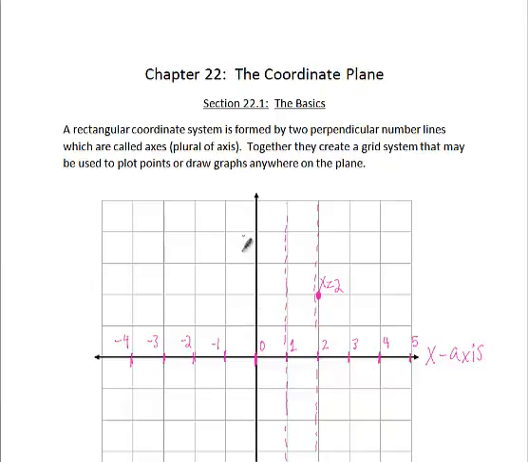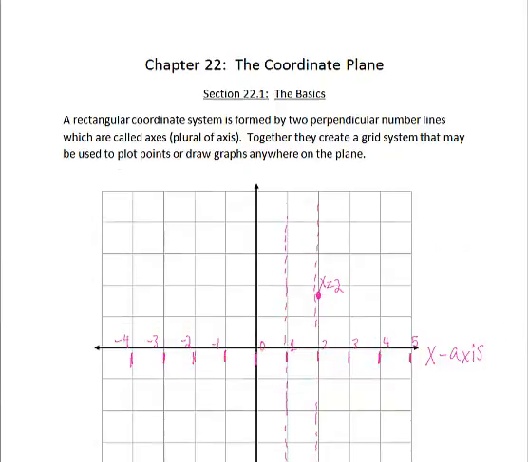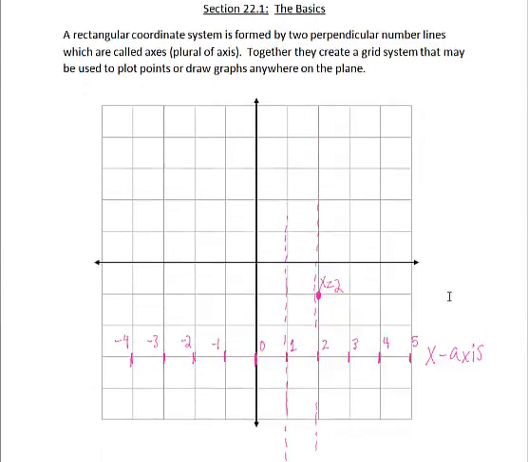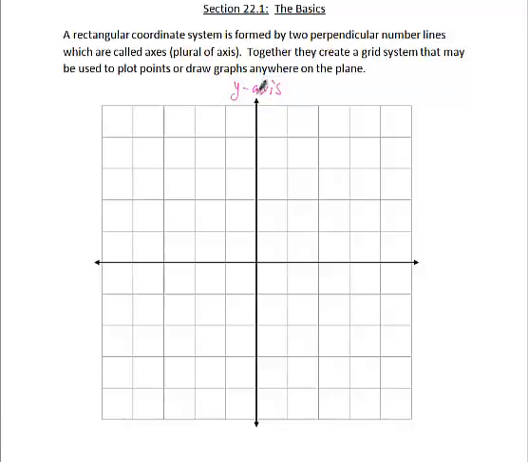Next would be our second number line, and we position it vertically with respect to the x-axis. So likewise, this here is our y-axis, the vertical one, and it's a number line just like the x-axis was.